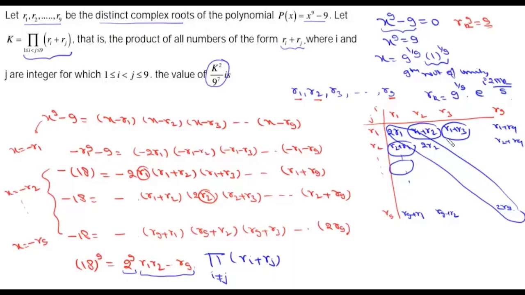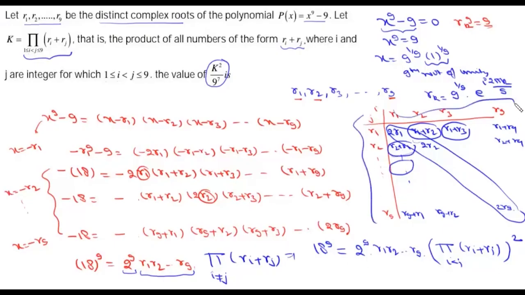And since we have symmetry in the question, we can write this as 18 to the power 9 and 2 to the power 9, r1 into r2 into r9, into the product of ri plus rj, where i is less than j, whole square, because r1 plus r2 will be the same as r2 plus r1. So that is the product of all the terms in this given matrix.